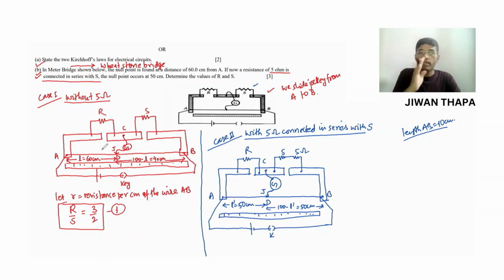Now the null point is shifting towards A. So we are getting the null point at distance L dash equals 50 centimeter from point A. Now these two resistances are connected in series. Okay. So this is to be noted. Now let us draw the Wheatstone bridge, okay, for this.